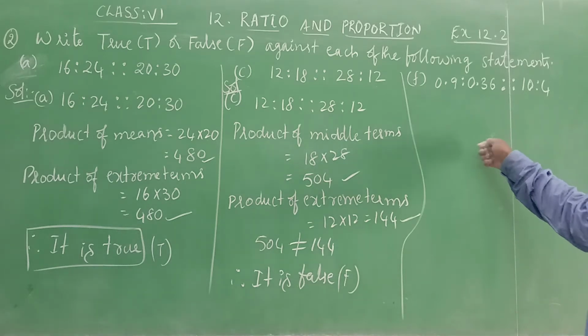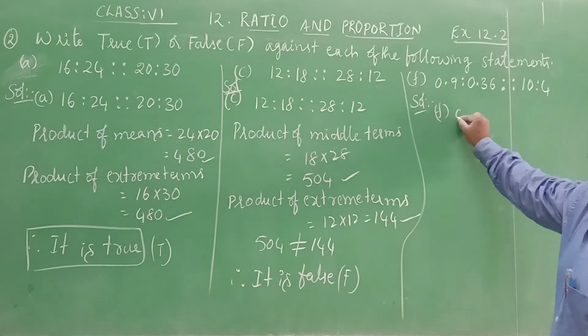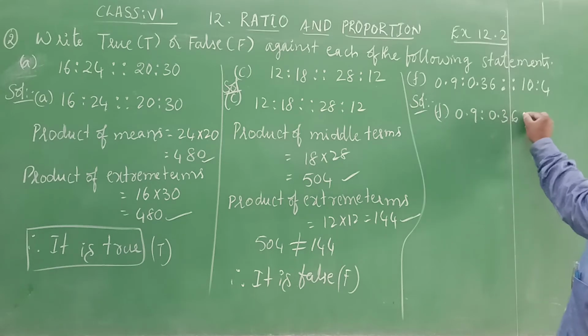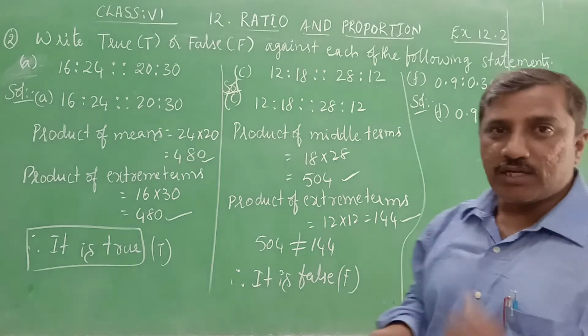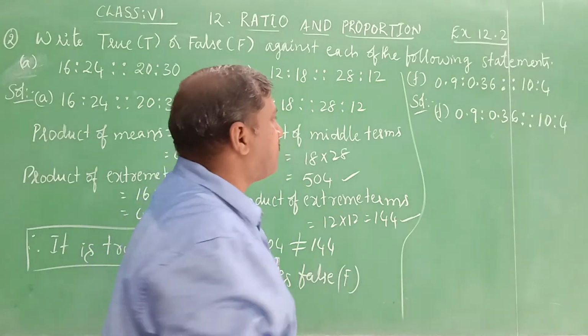Next, the F bit here. We have 0.9 is to 0.36, 10 is to 4. So use the concept of means, middle terms and extreme terms.